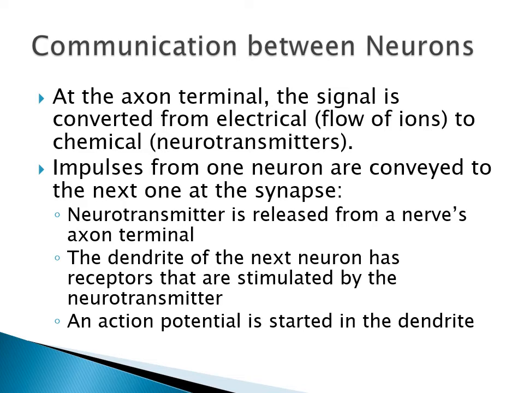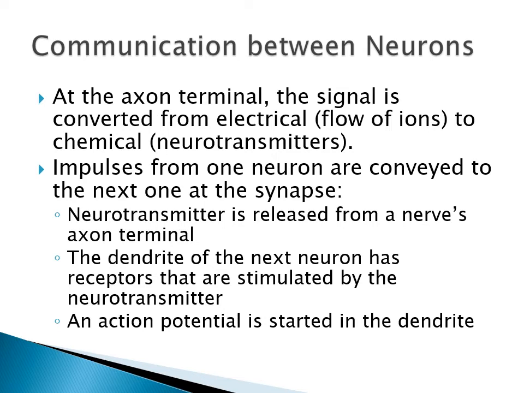Neurotransmitters are chemicals that are going to stimulate the next neuron. So impulses from one neuron are conveyed to the next one at the synapse, and the synapse is the gap between two neurons. A neurotransmitter gets released from the axon terminal.